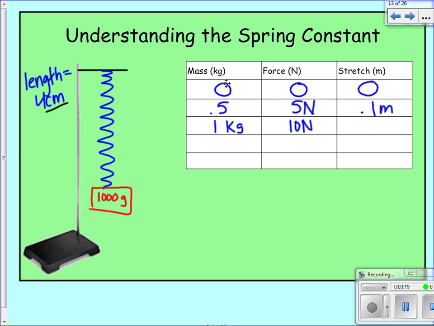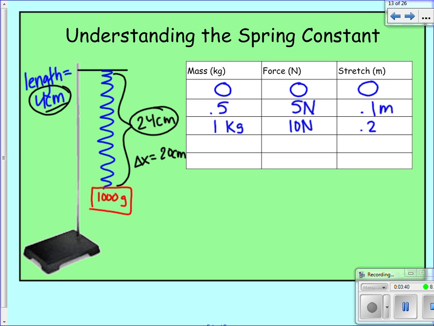And let's say we measured, and the length of our spring was now 24 centimeters. If the original length was 4 centimeters, and the total length is now 24 centimeters, the delta x, or stretch, was 20 centimeters. 20 centimeters in meters would be 0.2.